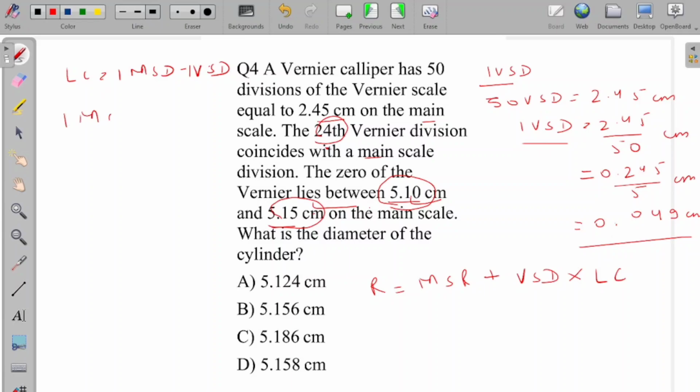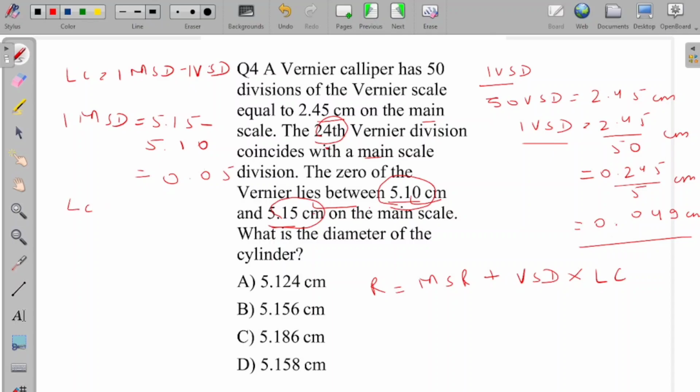So 1 MSD is given here, 5.15 minus 5.10. The values will not be given directly, especially in JEE. So you need to read the questions carefully to find the answer. Now your value here comes out as 0.05. This is 1 MSD.